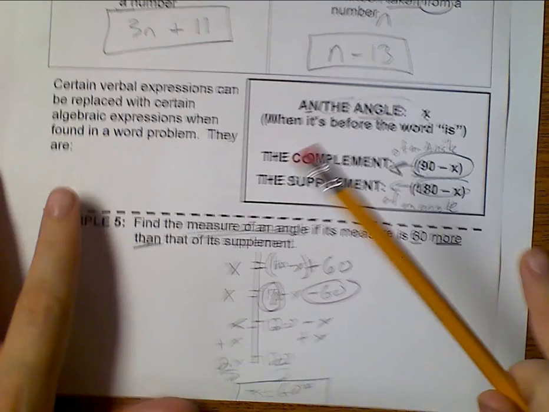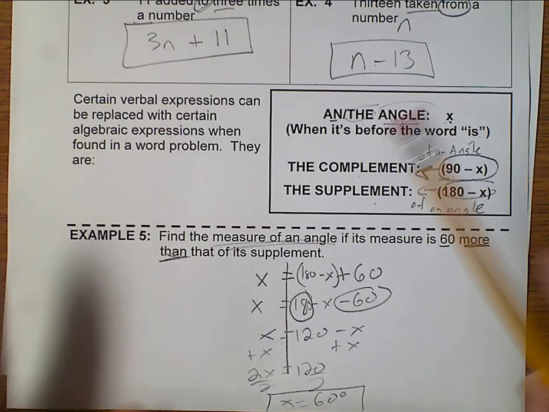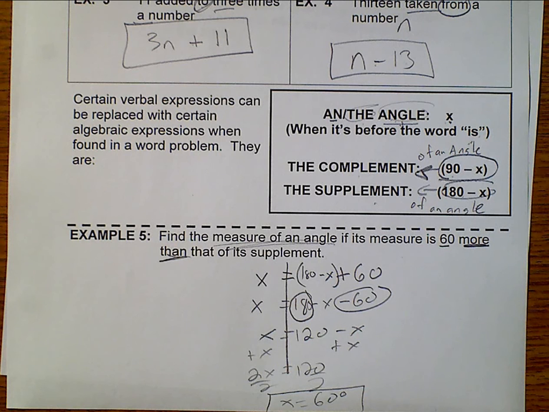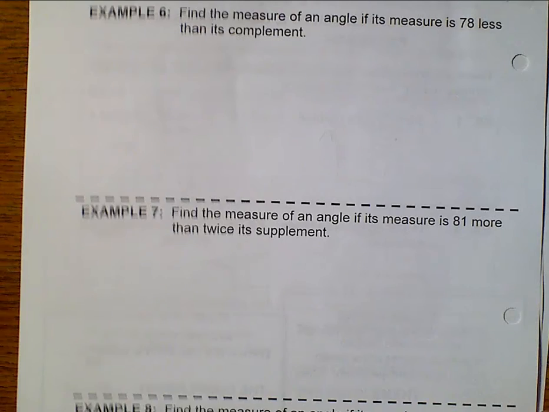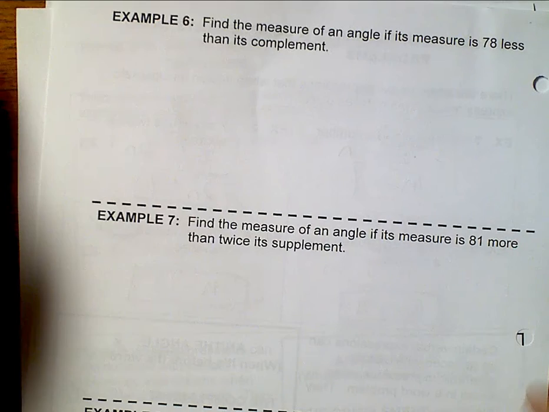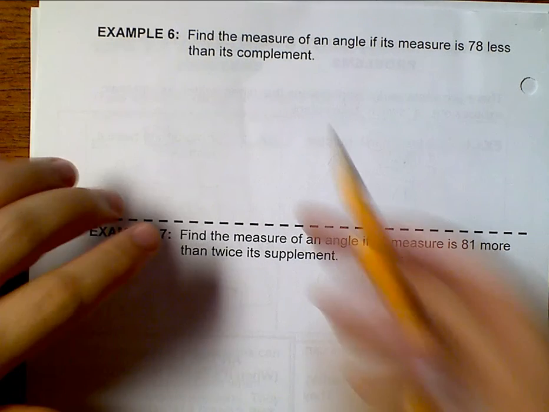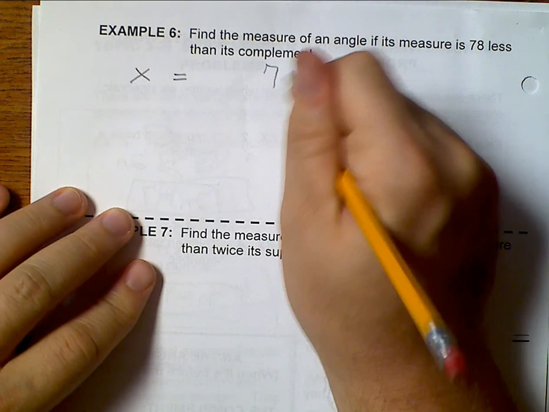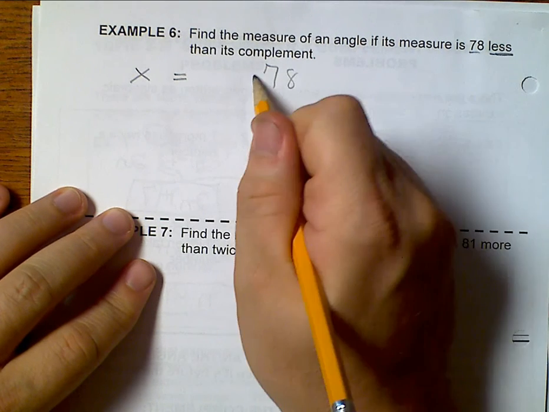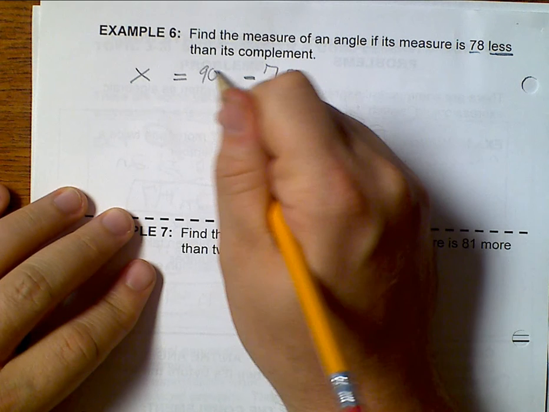All right. Let's go ahead and have a look at the next page. Example number 6. We want to find the measure of an angle if its measure is 78 less than the complement. Well, the complement is 90 minus x.